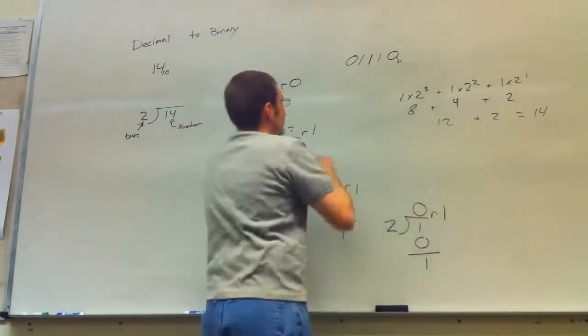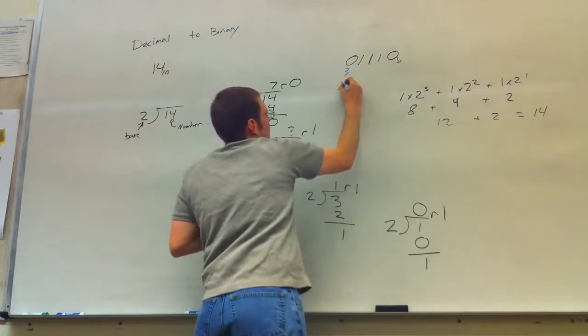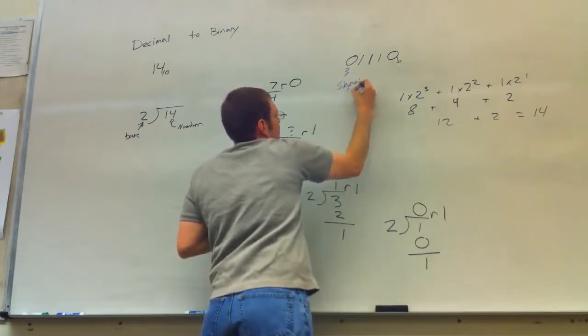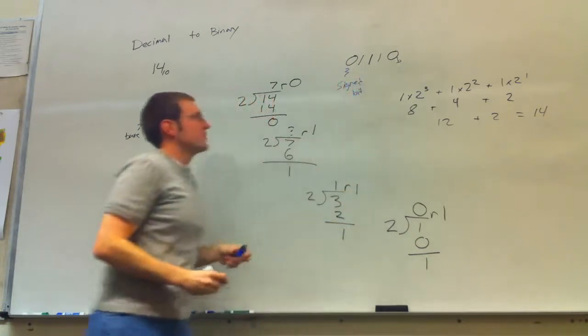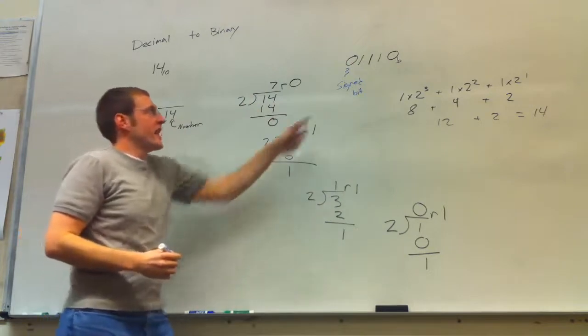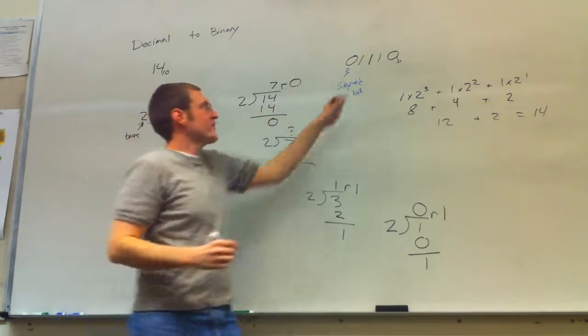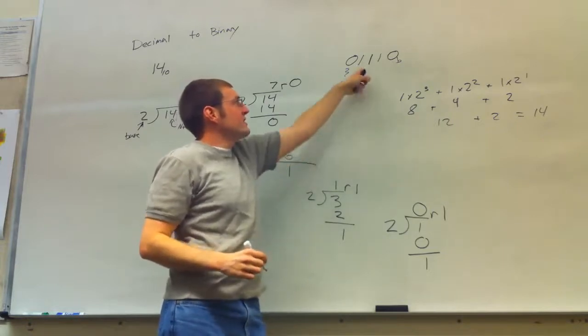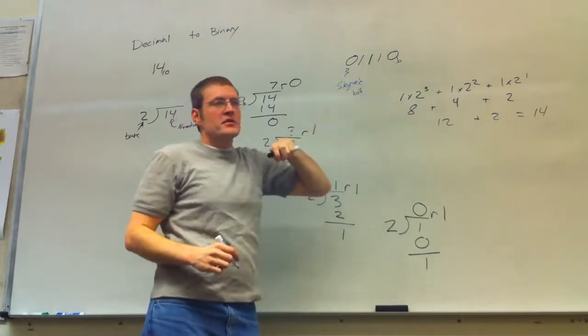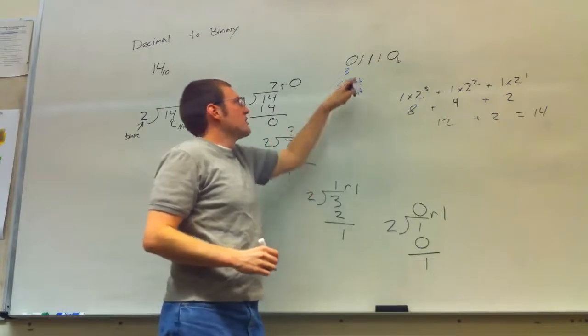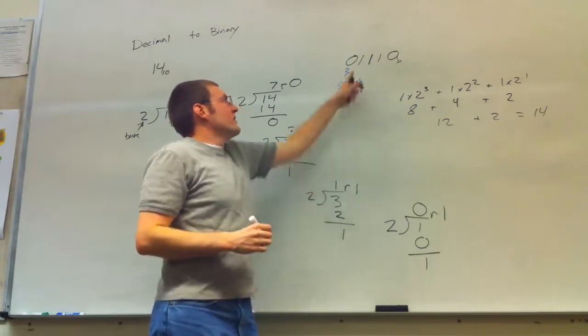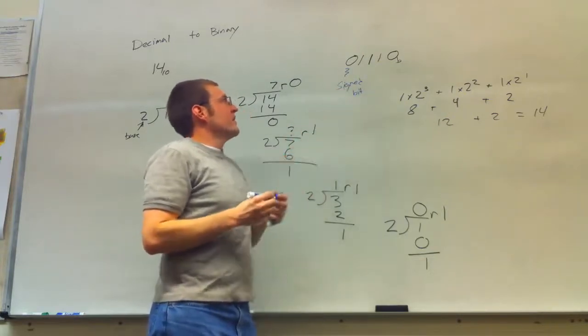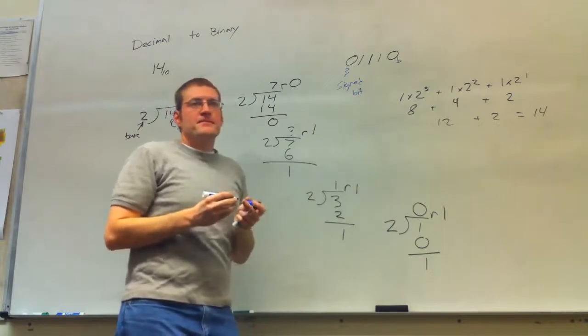This here is my sign bit. I just added this to tell me my sign, because if I left that off, I would have to either say this is a 4-bit unsigned number, or add 0 and say this is a 5-bit signed number.